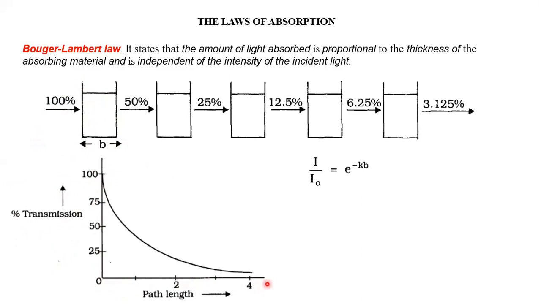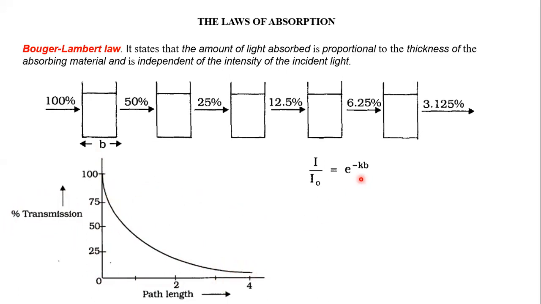This is the path length plotted against the amount of transmitted light, which in proper jargon is referred to as percent transmission. If the thickness is 0, the transmission is 100%. As you go on increasing the thickness, the transmission drops, and this drop is referred to as an exponential drop.